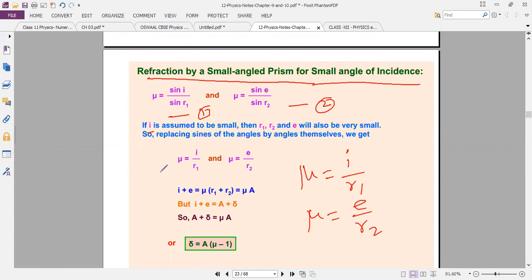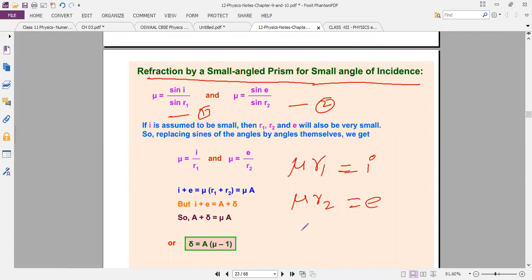Let's cross multiply. Mu r1 equals I, and mu r2 equals e.